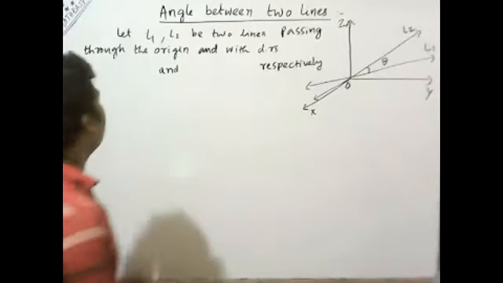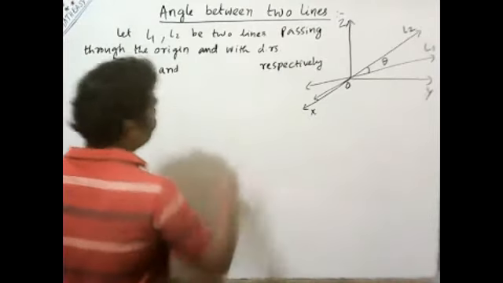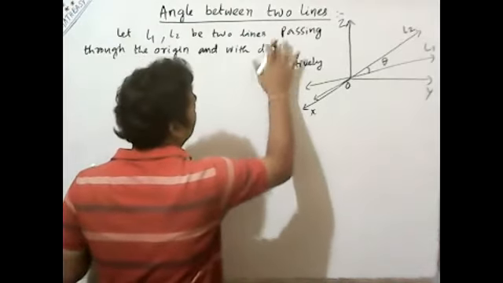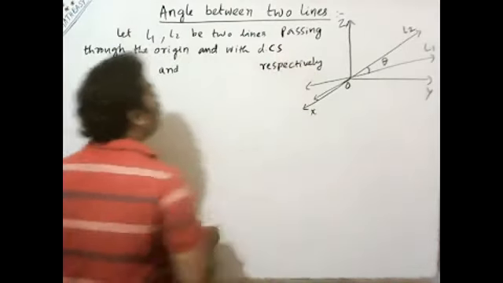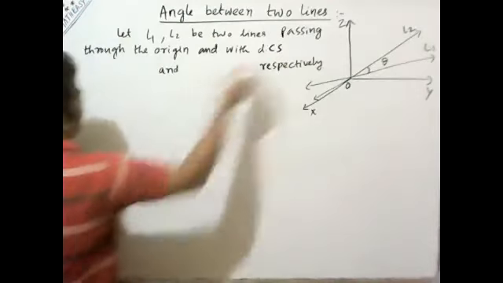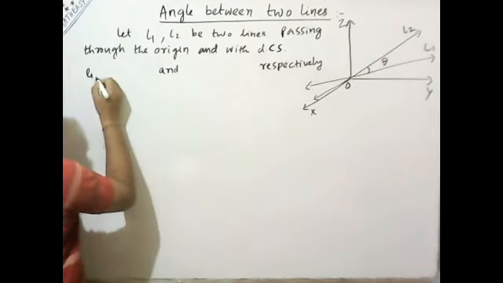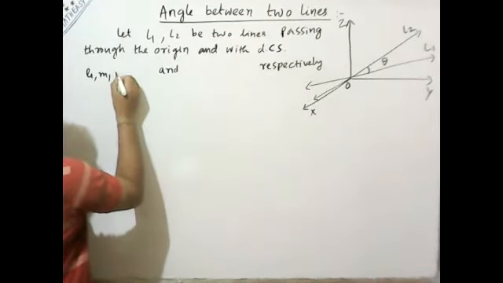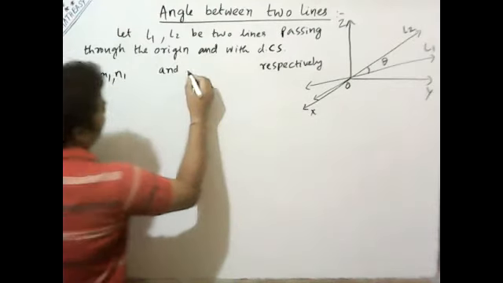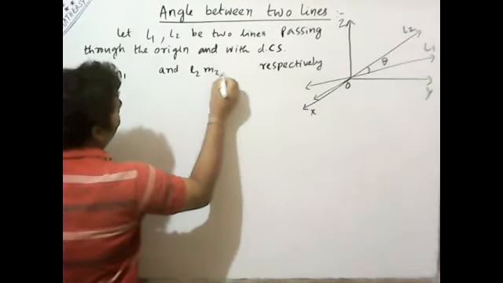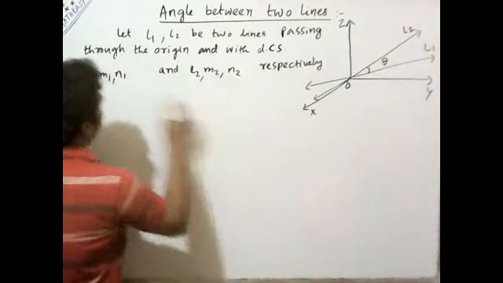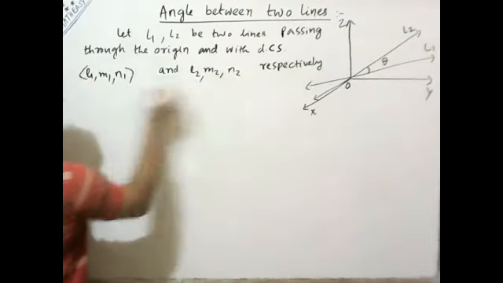If instead of direction ratios, direction cosines are there, then what will we do? Then those are L1, M1, N1 and L2, M2, N2. These direction cosines are given.